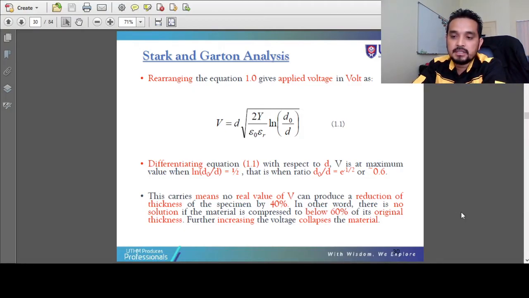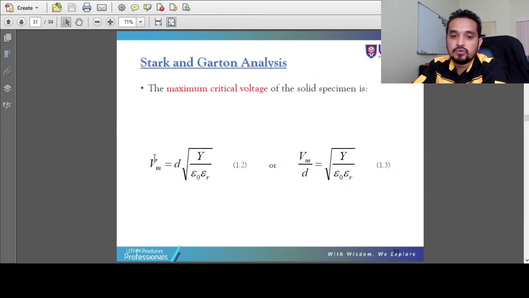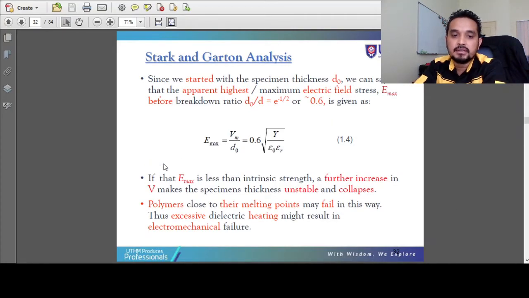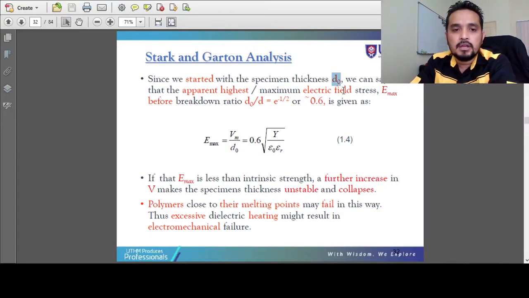So don't worry, we just need to know how to use this formula. Let's look at this example. We started with the specimen thickness D naught, the initial thickness of the material.